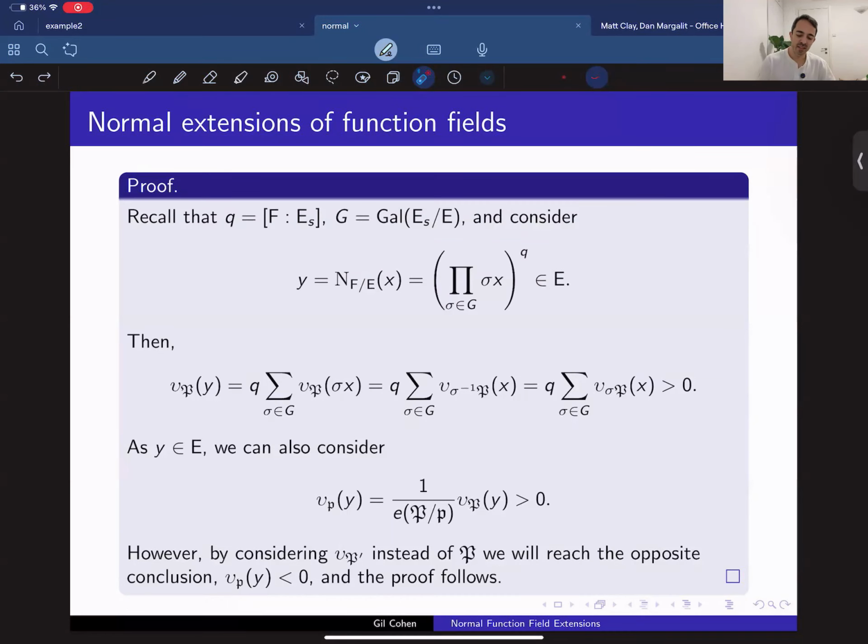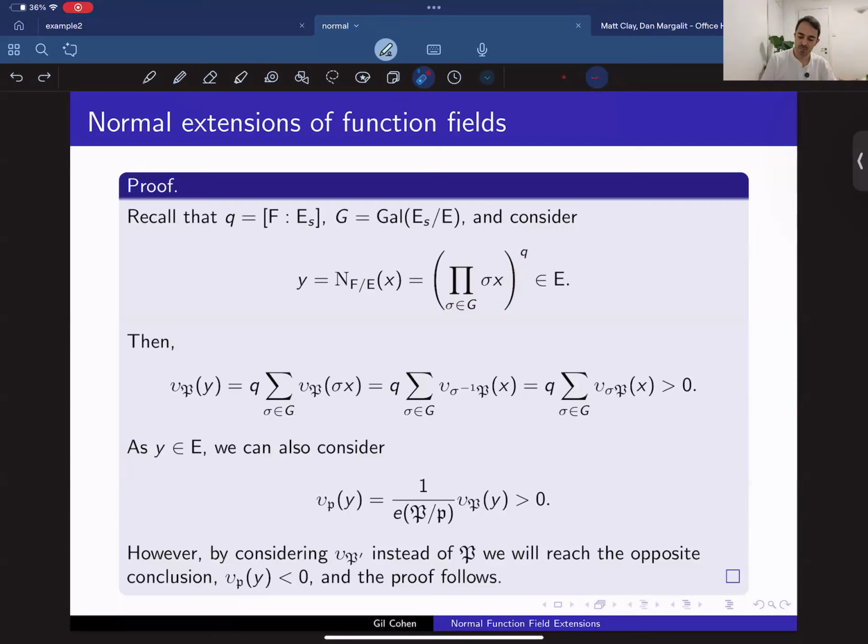So now let's consider the capital P valuation of Y. Well, it's the valuation of this thing. So the valuation of that is Q times the valuation of their product, which is actually Q times the sum of the valuations of the individual terms.